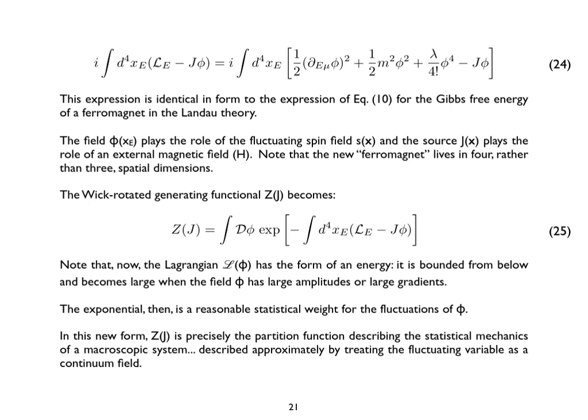And so what it means is that this exponential here is very similar to the way you'd write the partition function down, right? Because now you have this statistical weight from this exponential, and that determines the fluctuations of your field, right? And in this form, the connection between our generating functional and the partition function from stat mech is almost exact.